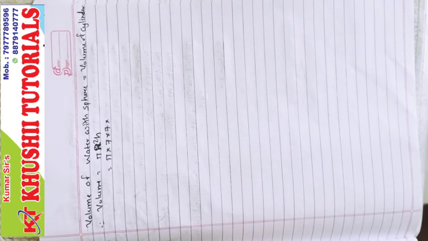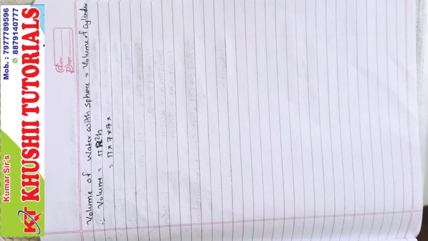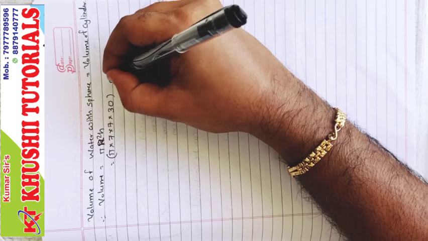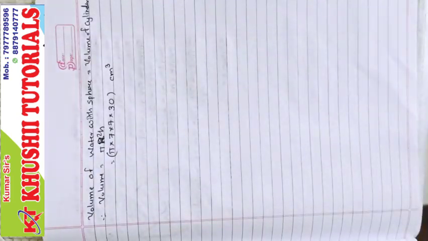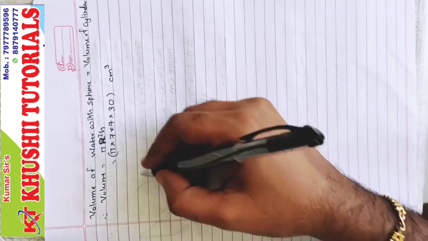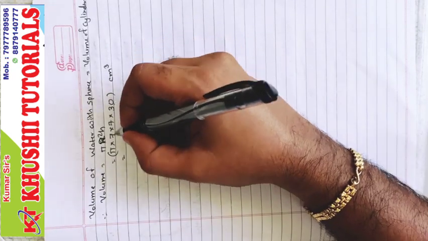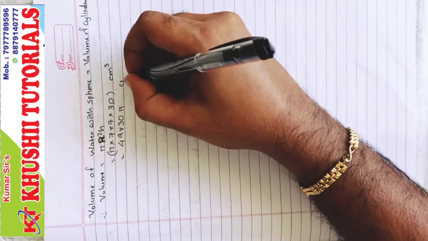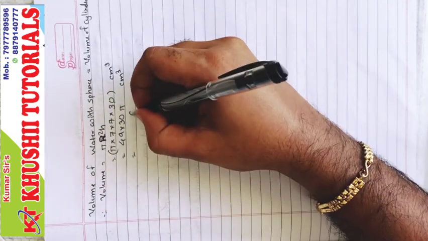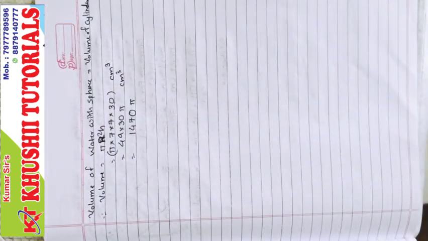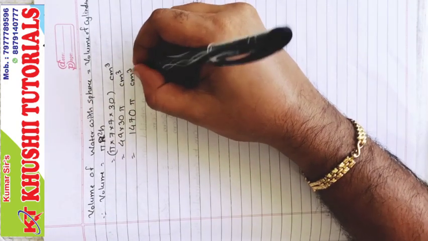It is only the water, not the full height. So 49 into 30 pi centimeter cube, which is 1470 pi centimeter cube is the volume.